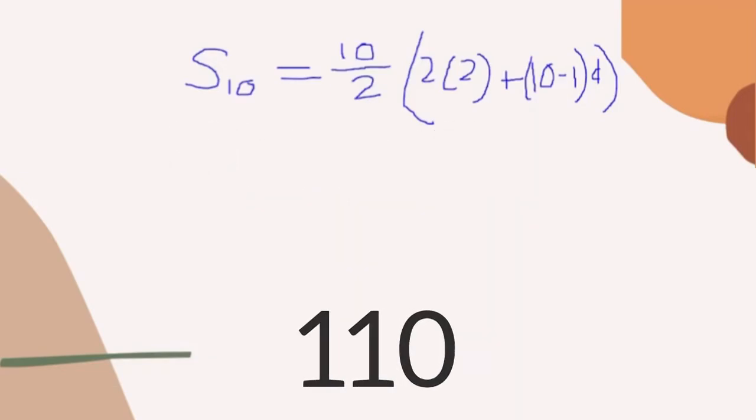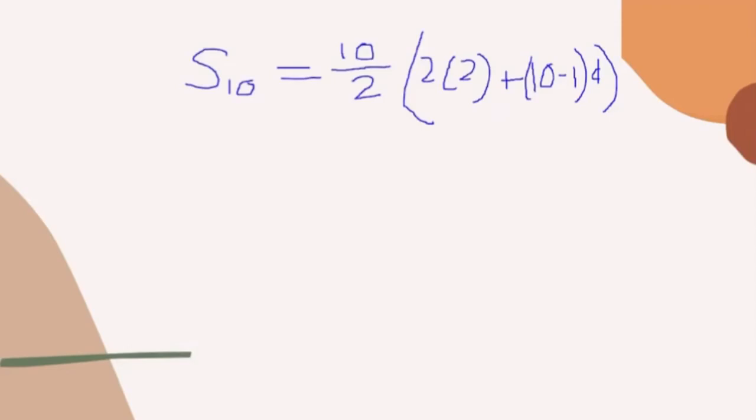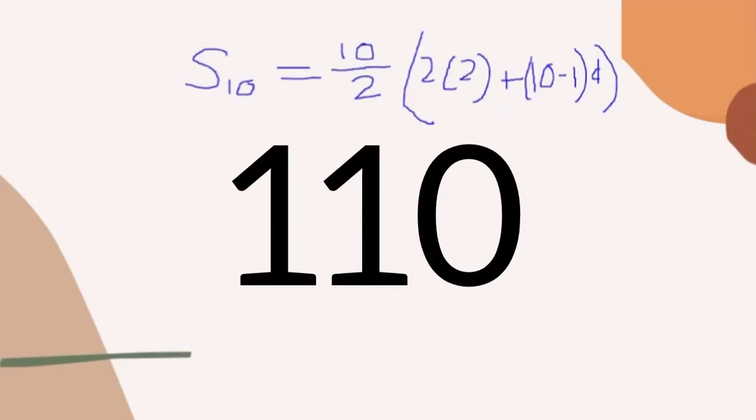So the sum of the first 10 terms of 2, 4, 6, 8, and so on is 110.